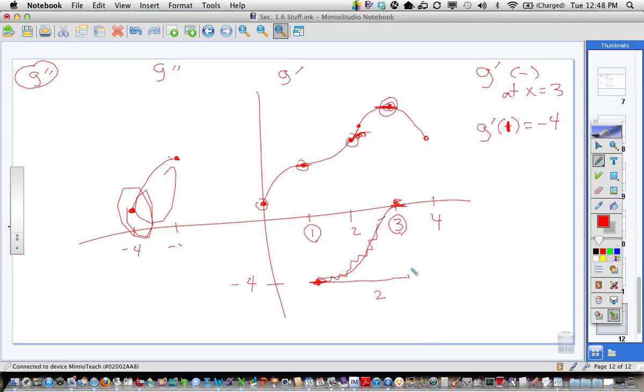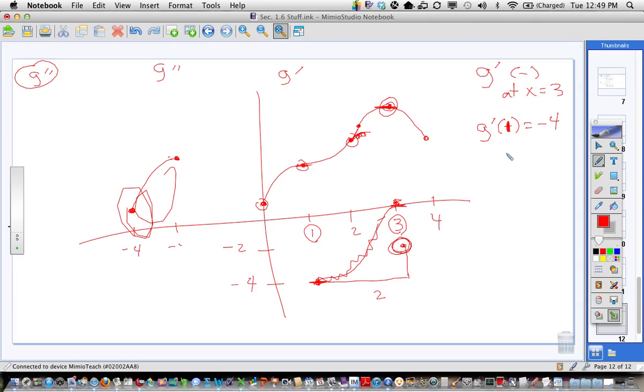Can't even go 2, right? Because the slopes are always less than 1, so the most I can go up is 2, or even not that much. G prime of 3 has to still be negative. And since G prime is negative, G is decreasing, which was the question, right? The question was, is G decreasing? Yeah, you've got to be able to get into it that deep on some of these things.